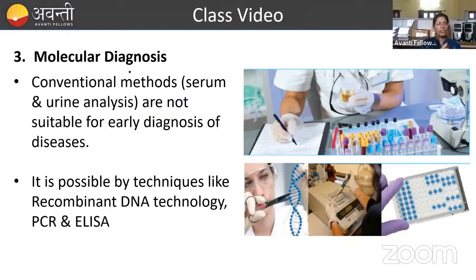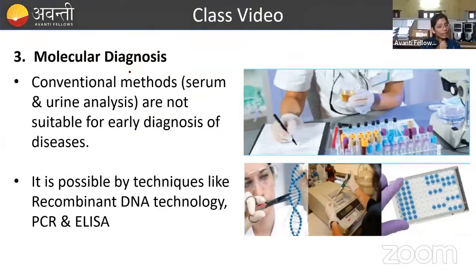Say you have some doubt, like, I may have this disease. So what can you do? Urine tests and blood tests will not show anything unless the disease is at the next level. But if the disease is at an early level, at that time you have to go for molecular diagnosis.